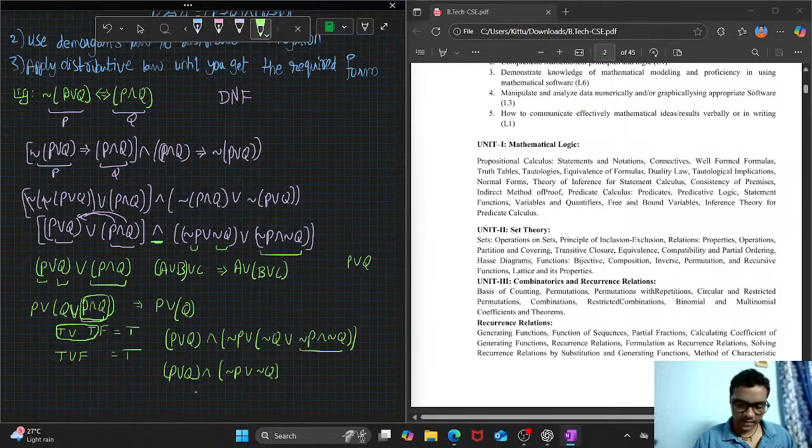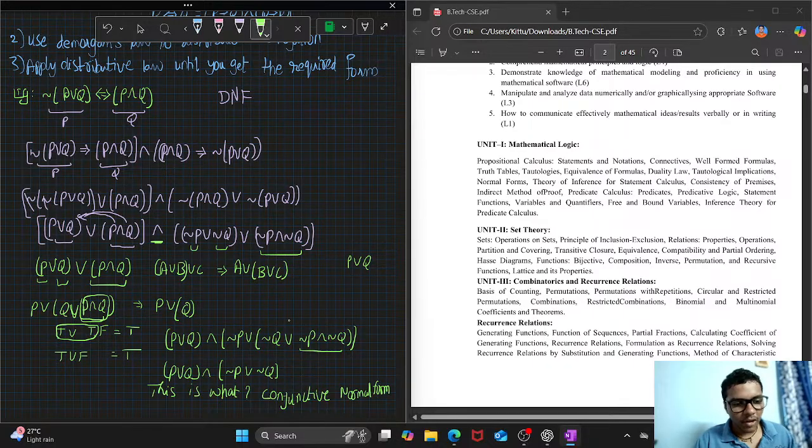Oh, wait a second. This is what? This is connected by an and. And means conjunction, so this is conjunctive normal form.